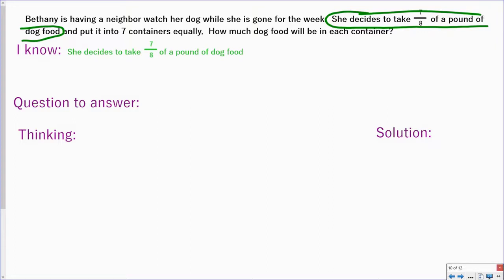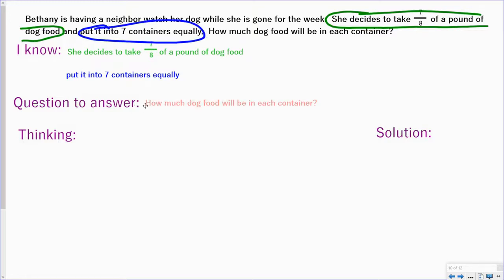And then my next part of what I know is that she's going to put it into 7 containers equally, and that information is right here. And then I need to know what question I'm going to answer. The question is how much dog food will be in each container, and I get that information from right there.